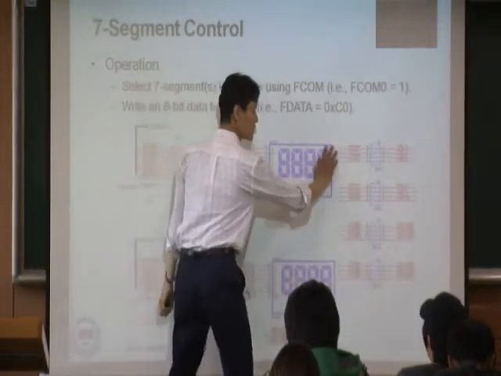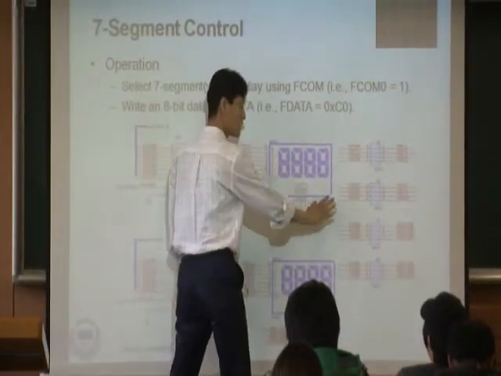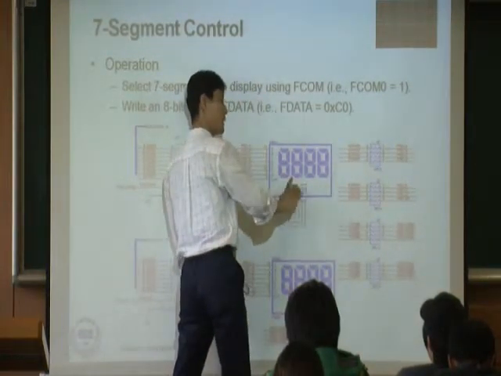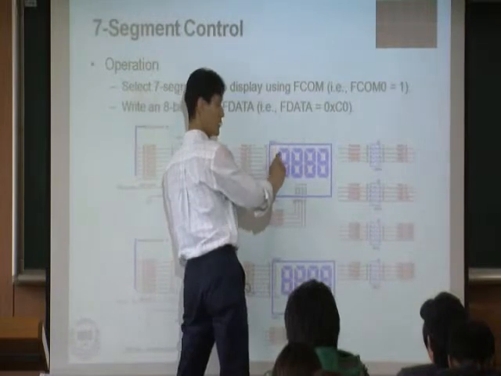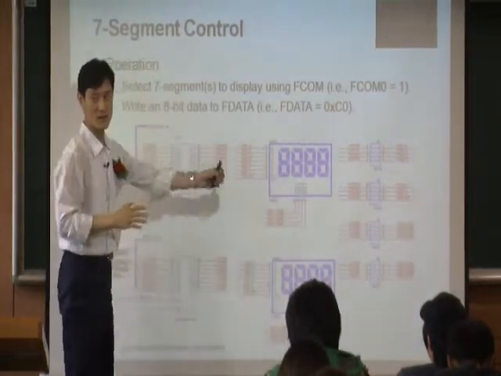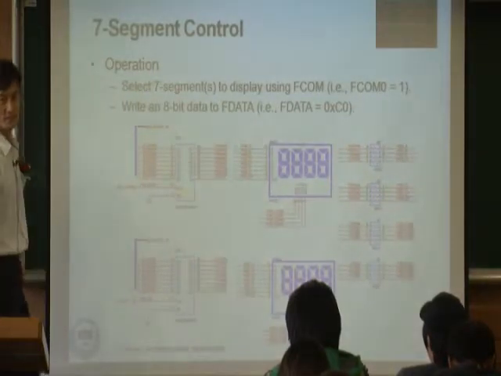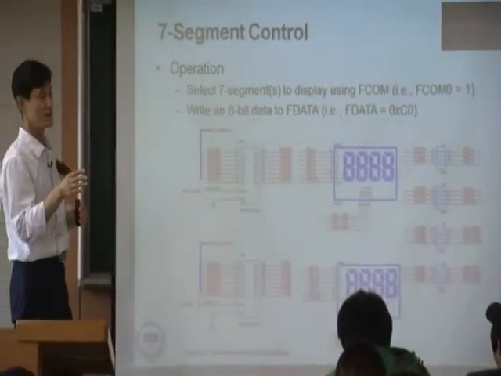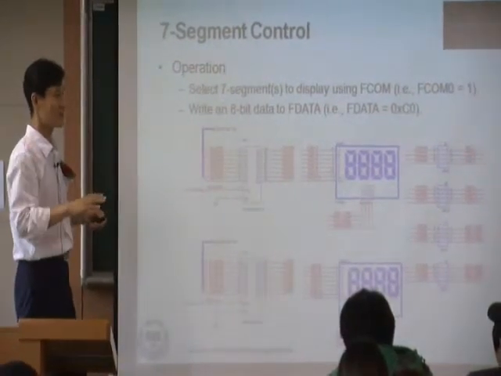You can first select this one and display 5, and then select this one and display 2, and then this one. The order doesn't matter. But what I'm saying is that you need to do that. It's not automatic.